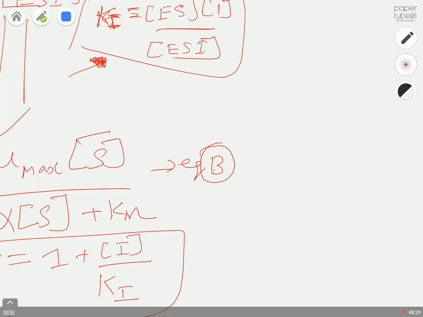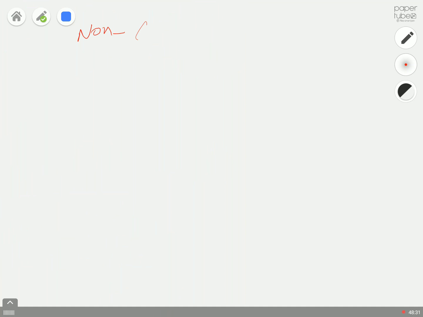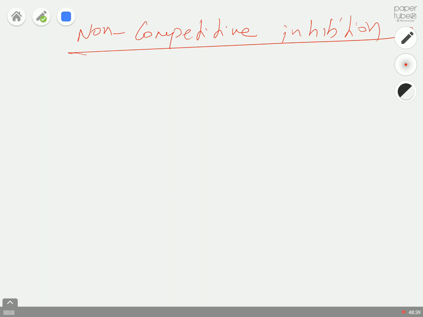And finally, non-competitive inhibition. So what happens here? Your enzyme plus substrate goes to enzyme substrate complex, and you get enzyme plus products.